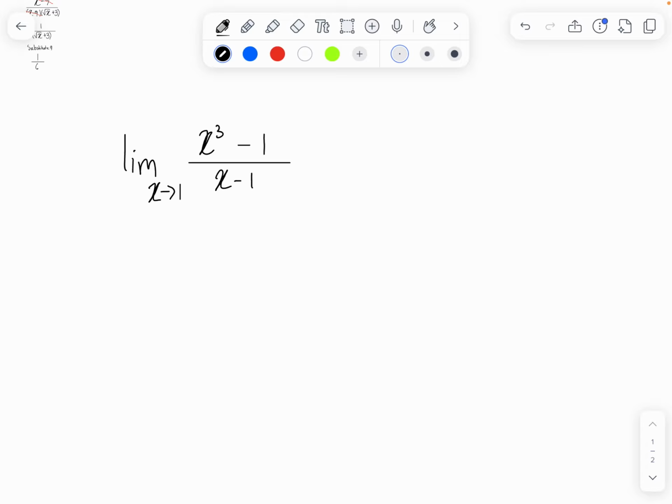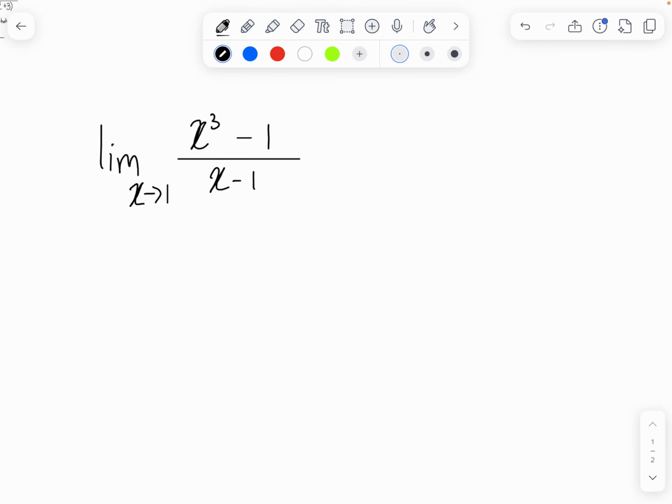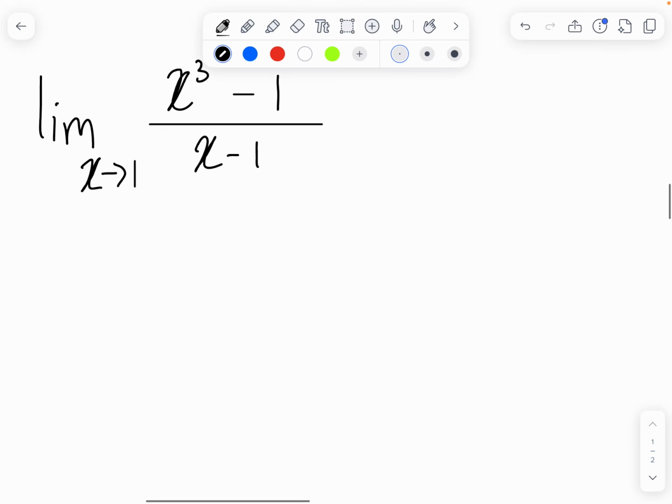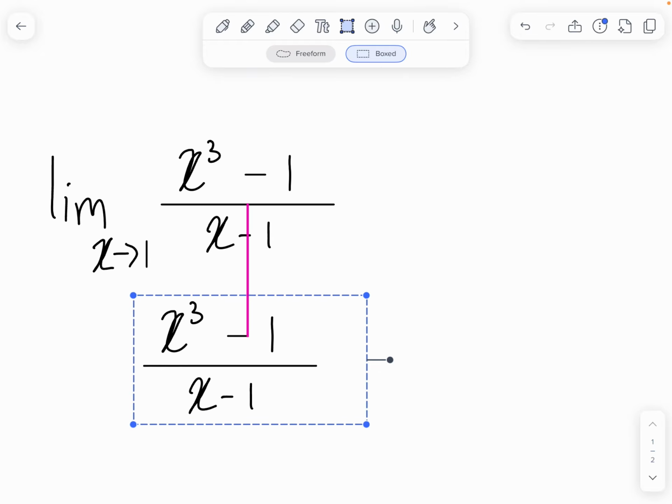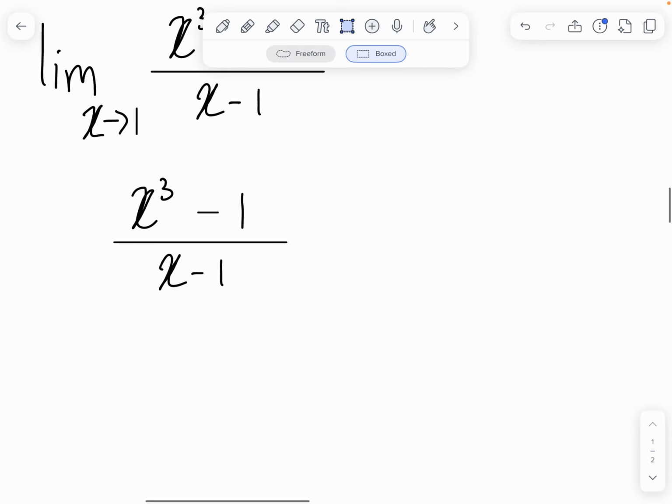So if we substitute in this, we'd see that we'd get 0 over 0. So we have to factor. So we have this.